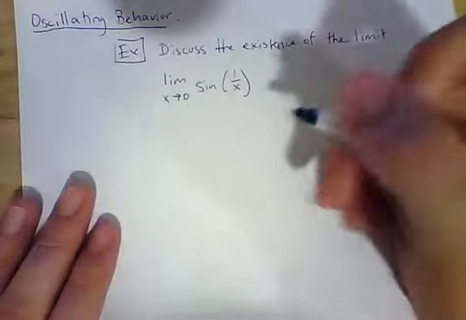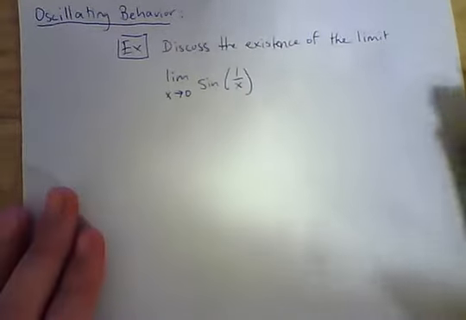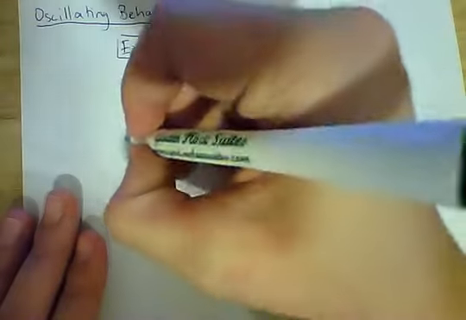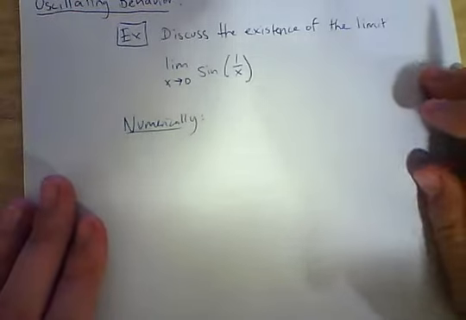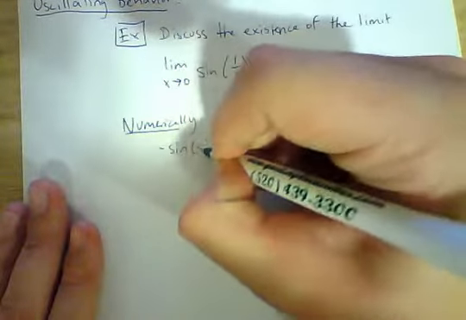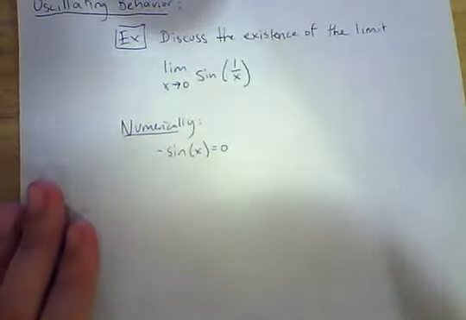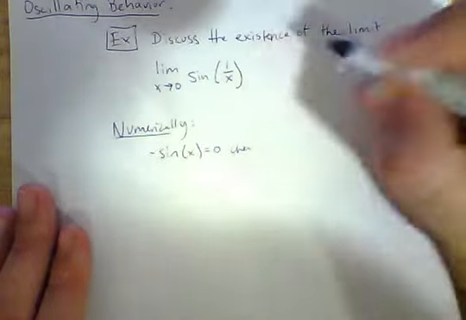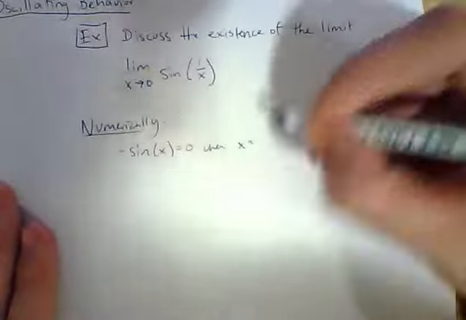Numerically, you could set up a table and you could see this, or we could just think about it. I'd like to go through the thought process with you. So, I'm just going to title this numerically. Here's what we know about sine of x: sine of x equals 0 when x equals any multiple of pi.